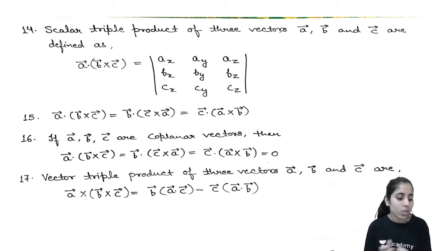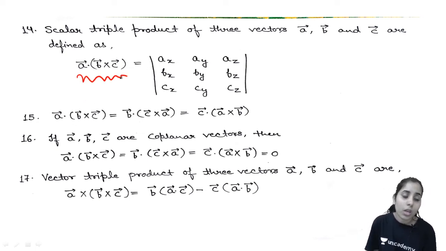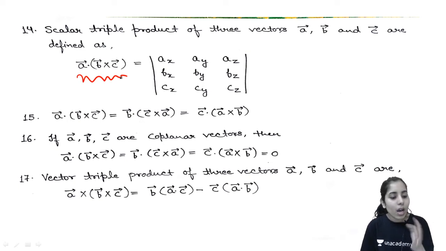Clear? That's good. Next point is related to the scalar triple product of three vectors. If you are having any three vectors given to you, like vector A, vector B, vector C, and you need to simplify this kind of scalar triple product present in any expression or question, you should know how we simplify it and how we get the answer.